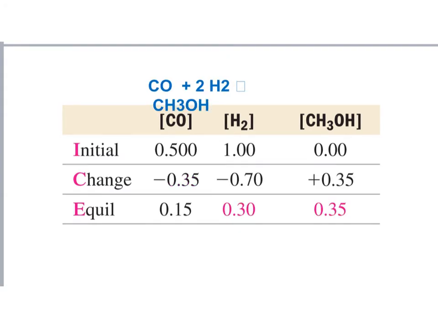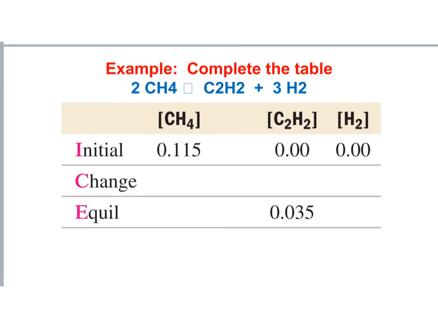I can then say the H2 has to be 2 times that, which makes it negative 0.7, and the CH3OH is plus 0.35. You could put all those into an equation and find the actual K value, the equilibrium constant.